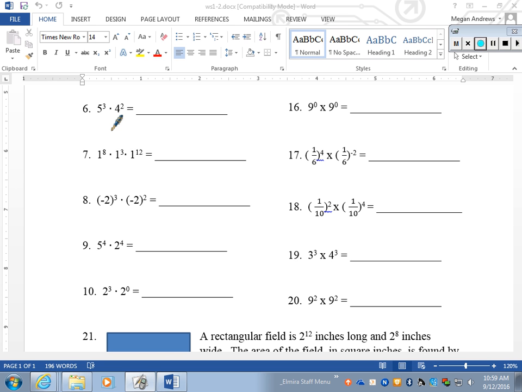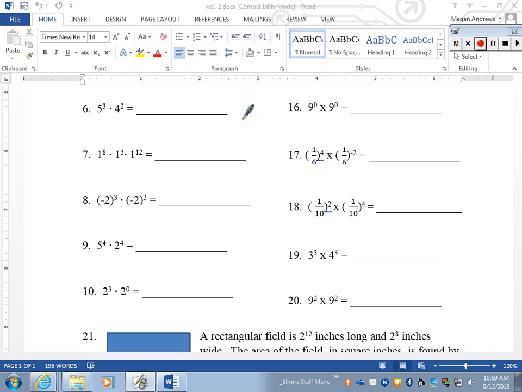I can't make them a 20. I'm not going to add the 3 and the 2. They're not like bases. I can't apply a shortcut. My only choices are exponential form, which doesn't change anything, or to find a final answer. And that's times 16. Now you could have typed it all into your calculator, 5 caret 3 times 4 caret 2, type it all in. Either way, you get an answer of 2,000. And that's an example of where you're putting something in final answer form. Okay, but unless the bases are different, you should have a number with an exponent.